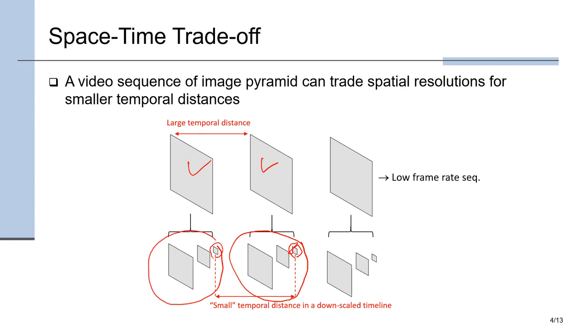So the motion becomes smaller, and then it will be easier to predict the motion from one frame to the other.